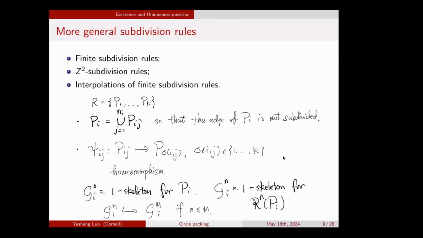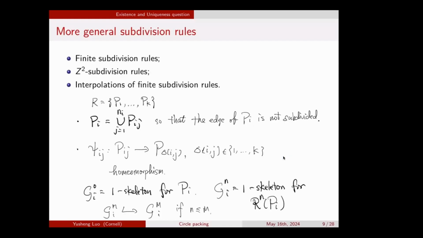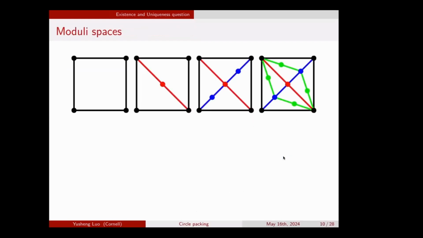But for this talk, let us focus on this particular finite subdivision rule, and in fact, simply on these examples. Right, so now let's look at this example and try to understand the corresponding moduli space.